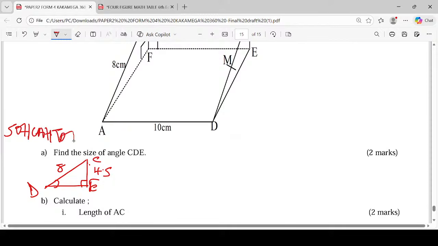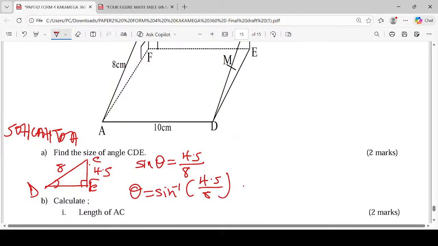SOHCAHTOA: when you have opposite and hypotenuse, we are going to use sine. So sine theta is equal to opposite 4.5 over hypotenuse 8. So our theta is the sine inverse of 4.5 over 8, which is 34.23.